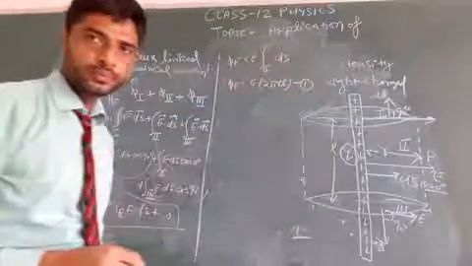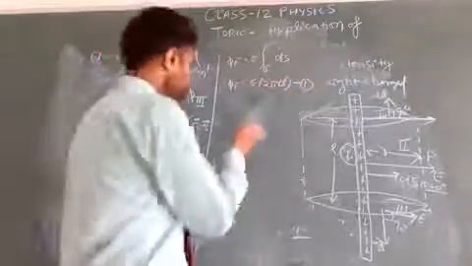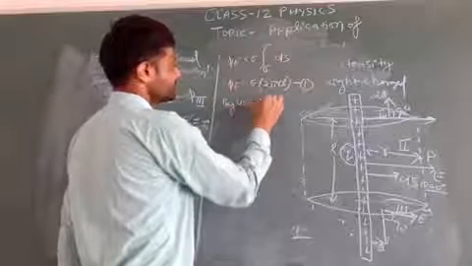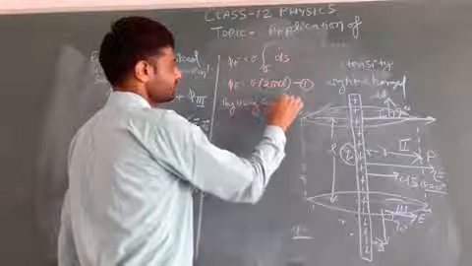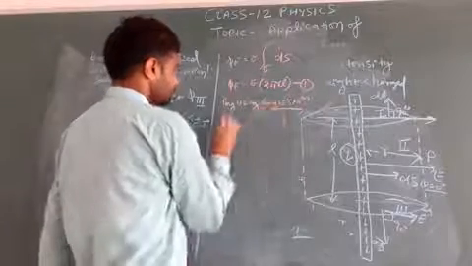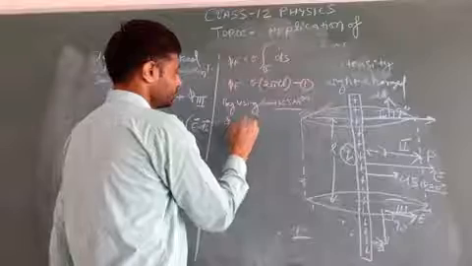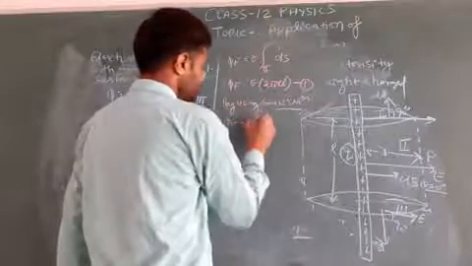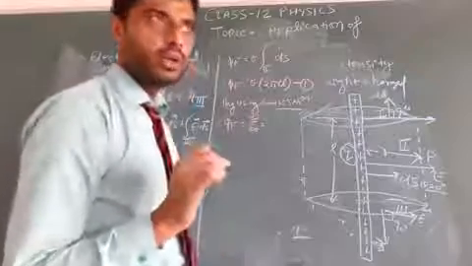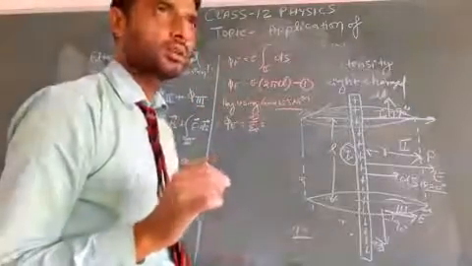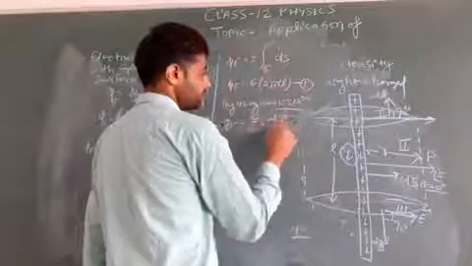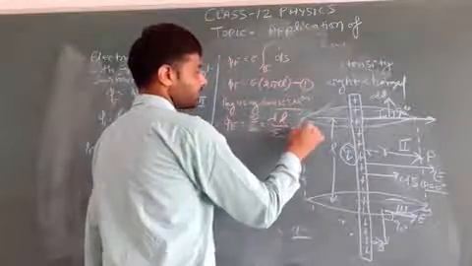Equation first. By using Gauss theorem, and by putting the value of charge, this is equal to lambda L over epsilon naught. Equation second.